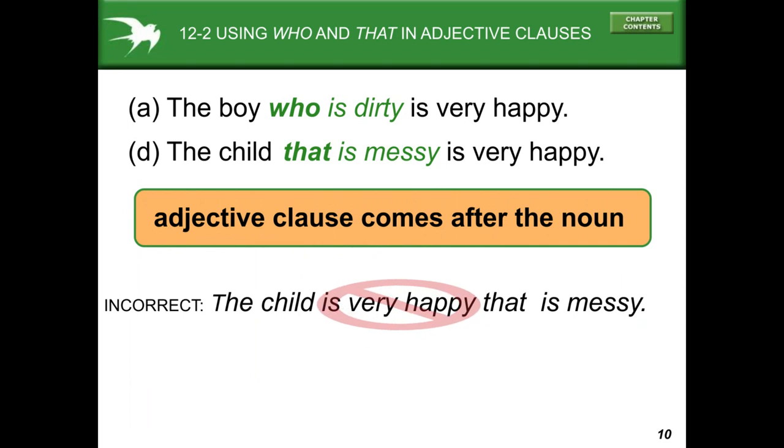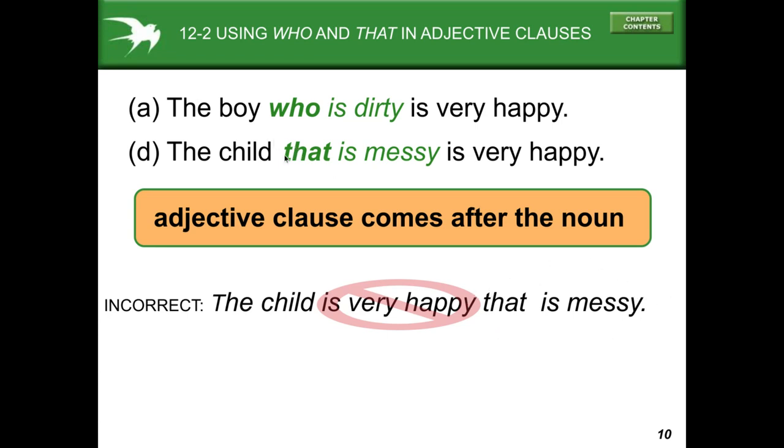So adjective clauses come after the noun, as we learned before. So let's take a look at a common mistake that people make. The child is very happy that is messy. Oh, yeah, that's a common mistake that people make. You can see we're putting the adjective clause in the wrong place.